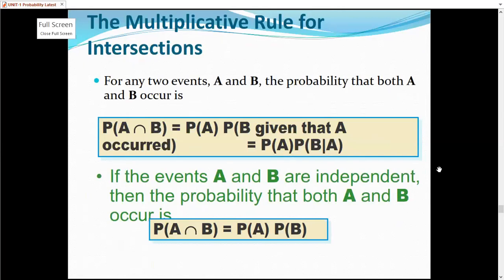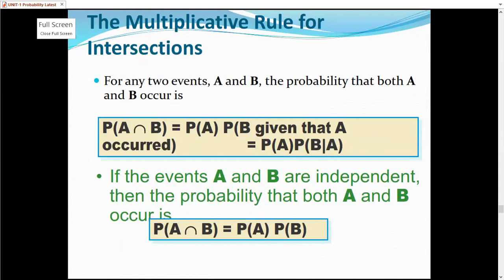So multiplicative rule for intersections. Already you have additive rule for unions. Additive rule for unions, that is probability of A union B equal to probability of A plus probability of B minus probability of A intersection B. And now multiplicative rule for intersections. So that is probability of A intersection B equal to probability of A into probability of B given that A occurred.